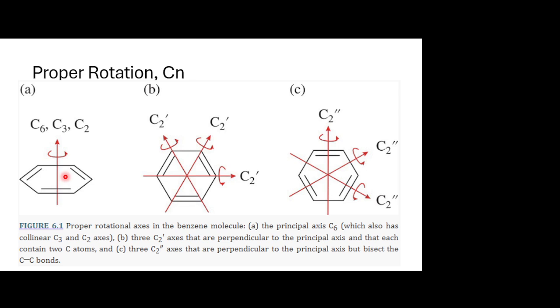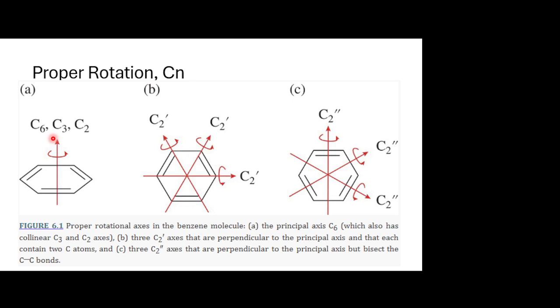Or 180 degrees. And we'd still get that matching, wouldn't we? So we can always have the multiples of that. And that's what you're seeing here. So there's a C3 and a C2 that are all on that axis. Those all function, don't they? As a function of that C6 there.